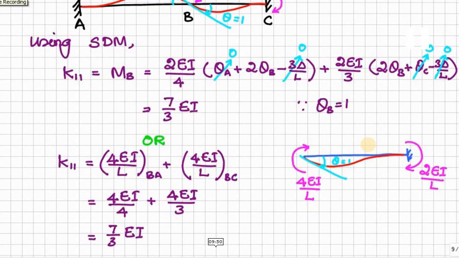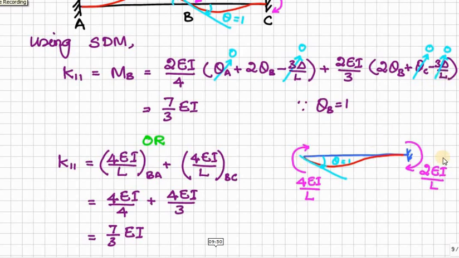Or we can use the simpler method. If you remember this diagram, in order to produce unit rotation, we have to apply 4 EI by L moment in this direction, that is clockwise direction, so that half of the moment will be carried over to the opposite fixed support, that is 2 EI by L. So if you keep remembering this, then you can straight away write the K11 value without using this lengthier slope deflection equation.